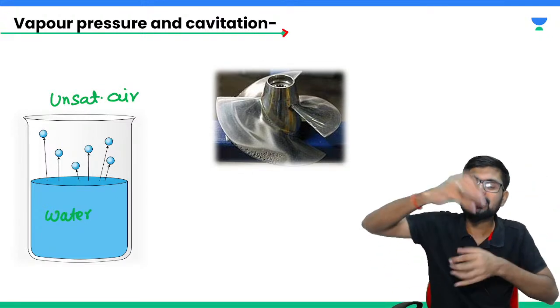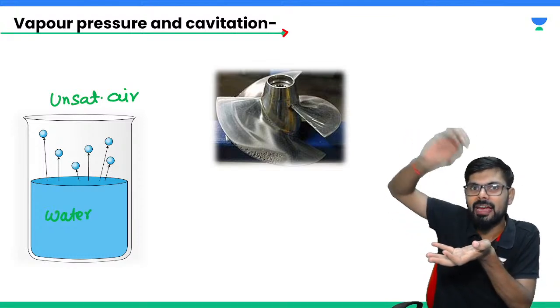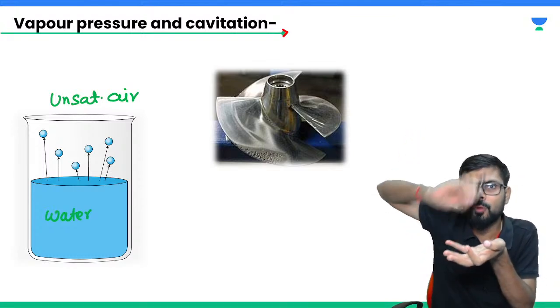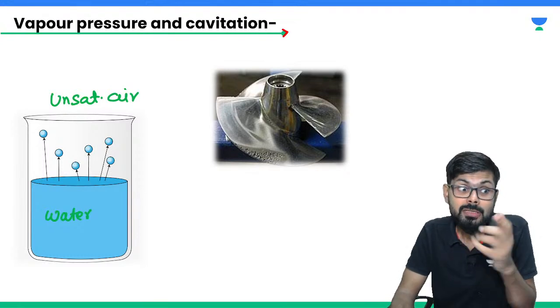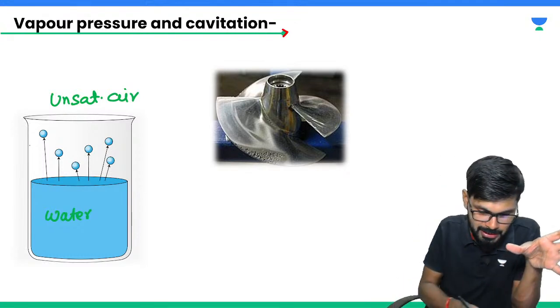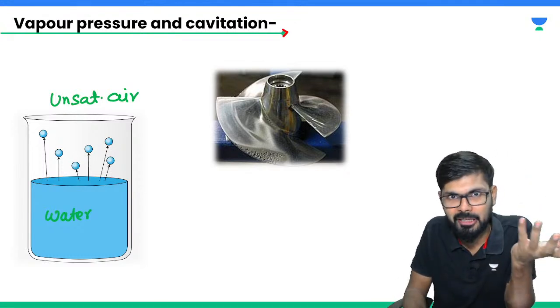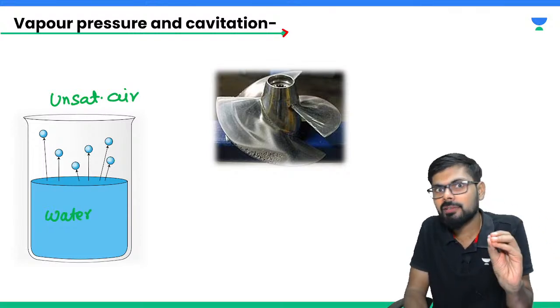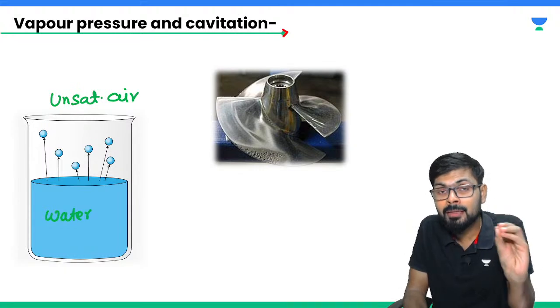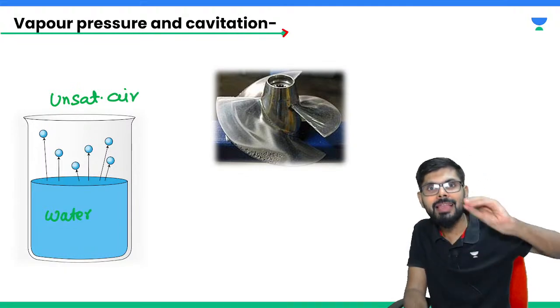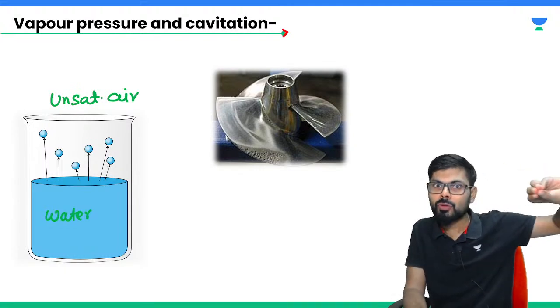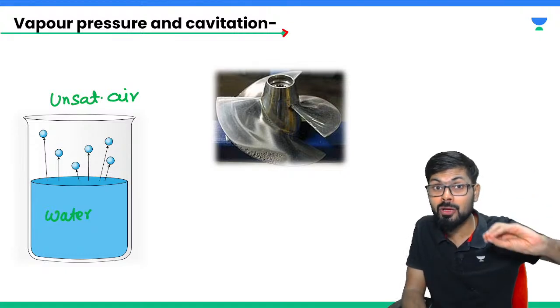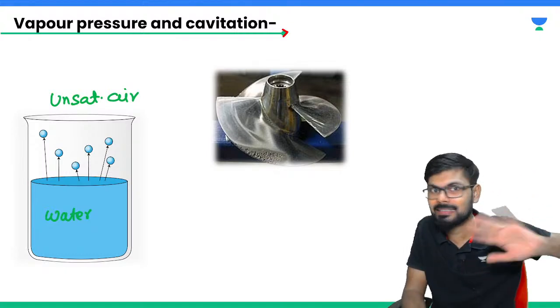These molecules keep on adding, because the air is unsaturated. So this process is called evaporation. If evaporation takes place, then these molecules will add continuously to the unsaturated air. Why? Because it is mass transfer, because of concentration difference.